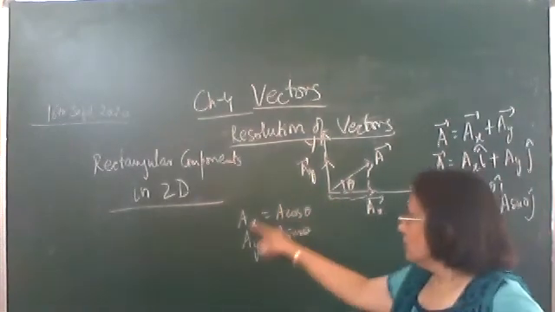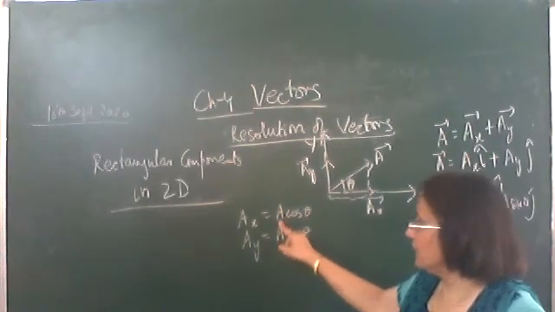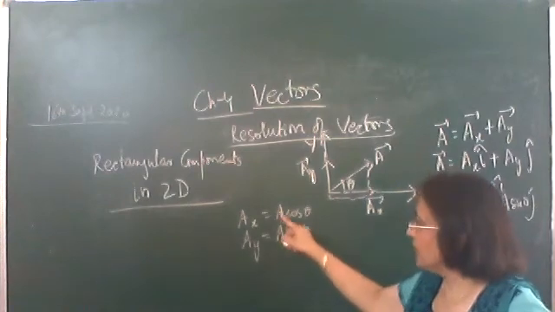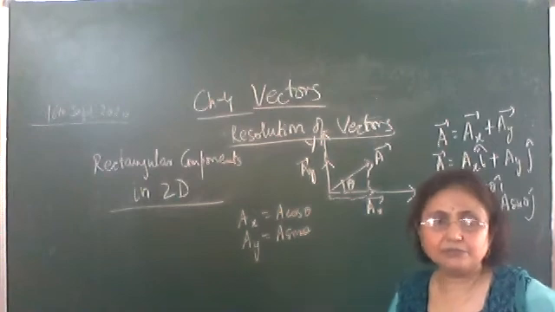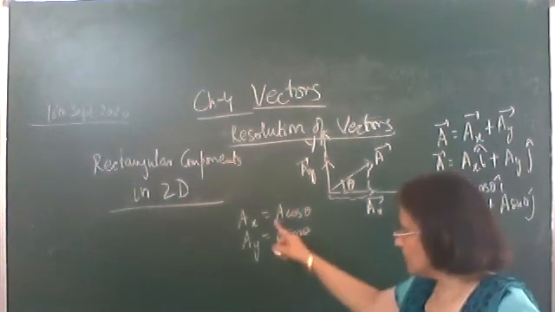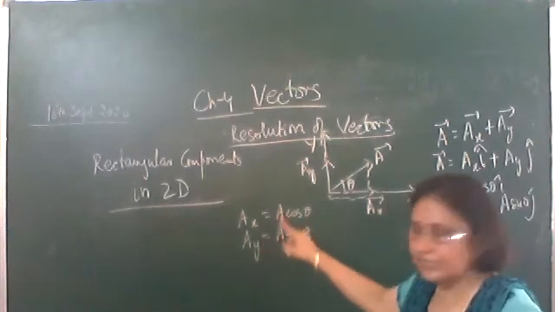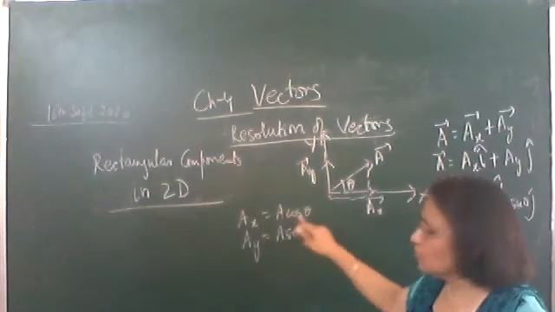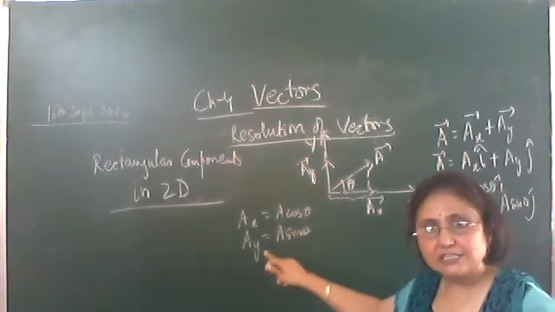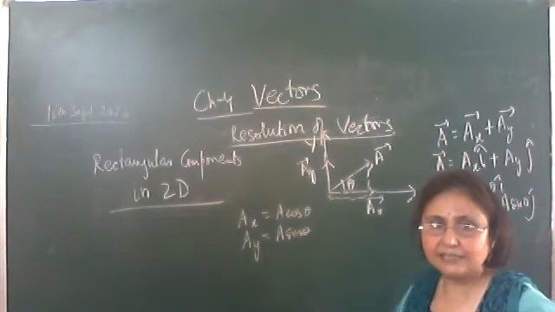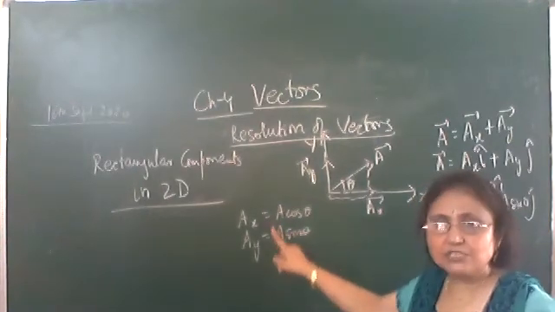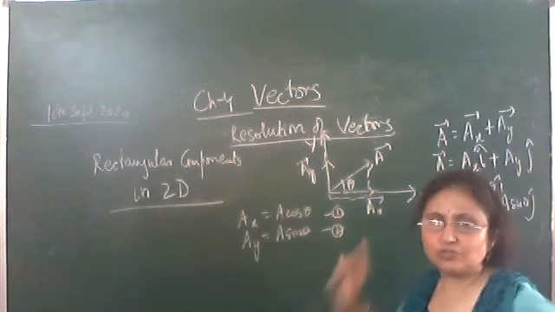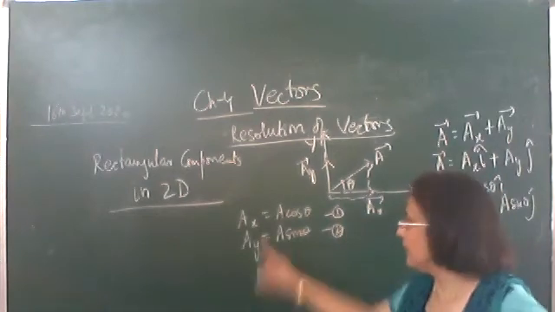Now we can find the relation between Ax and Ay. Suppose in a question two quantities are given and you have to find one of the quantities. Let's find the relation between Ax, Ay and A. That is, we have to eliminate theta. So let's square the first equation and the second equation, and then add them.